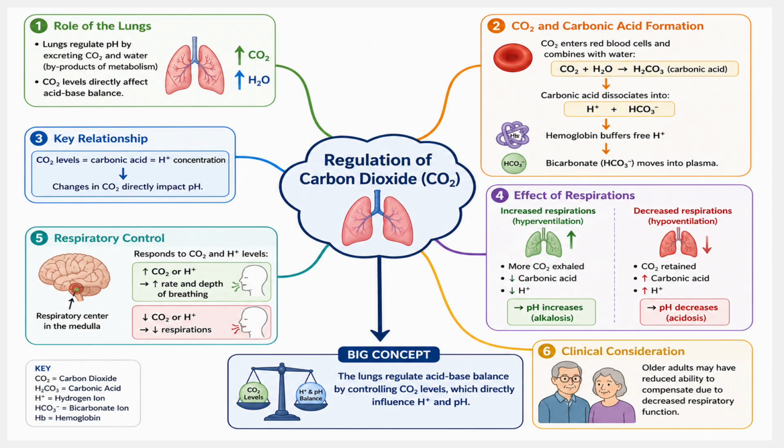So remember, all of these body systems are very closely connected. So how does the hemoglobin help in this? It helps by binding to the free hydrogen ions and preventing large changes in pH, while bicarb moves into the plasma. So this leads us to the key point.